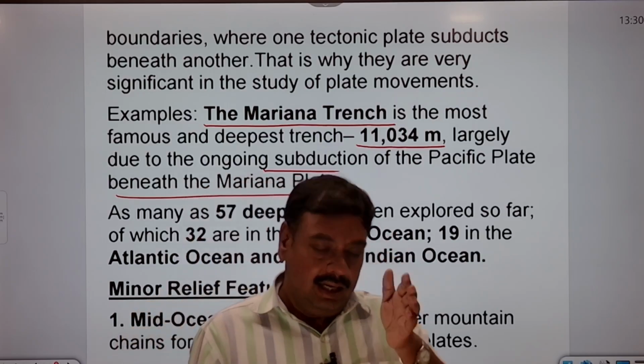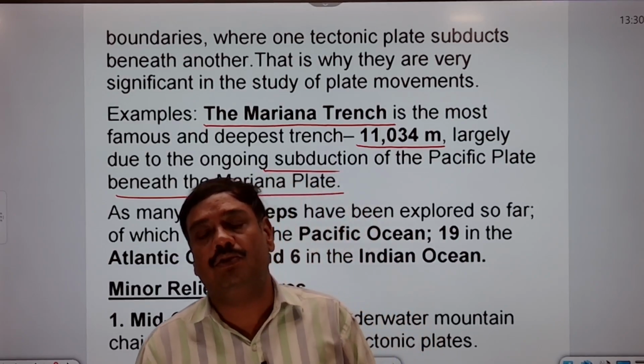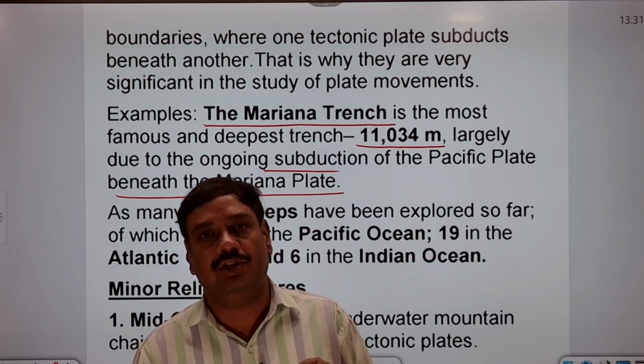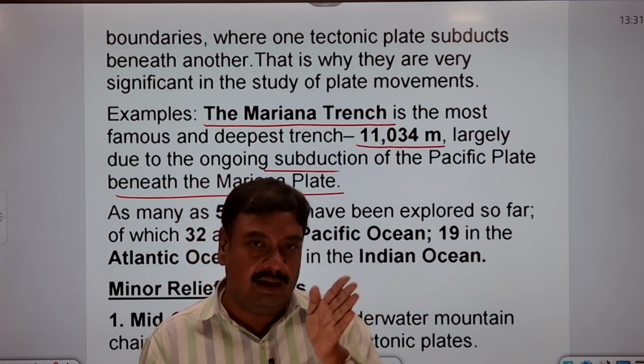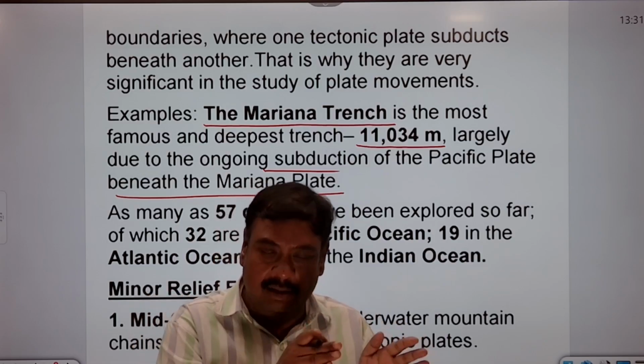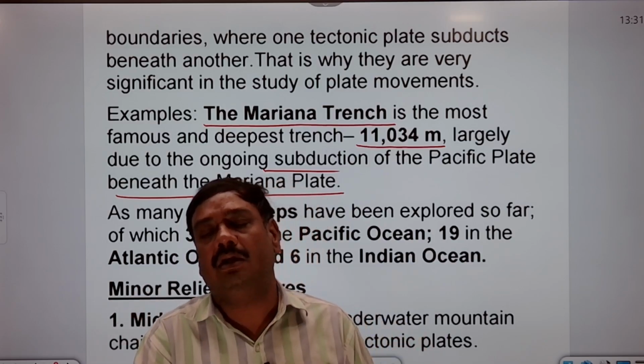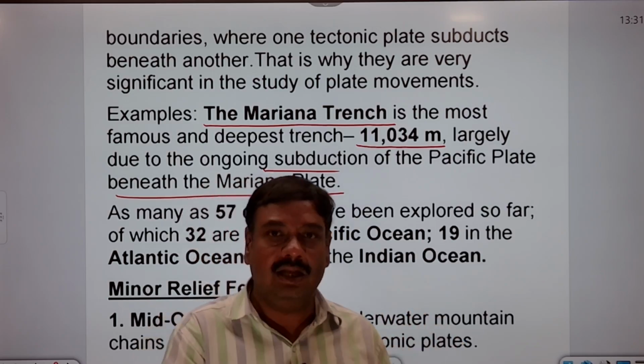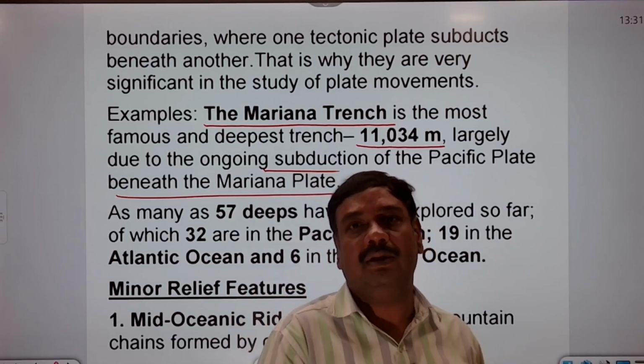If you go to the region near the Philippines, there you can find the location of the Mariana Trench. So, when the Pacific plate is subducting beneath the Mariana plate, which is a small plate, the Mariana Trench has been formed in that region. Got it?